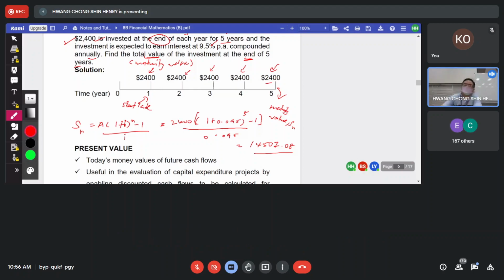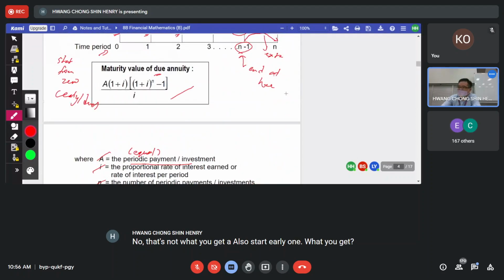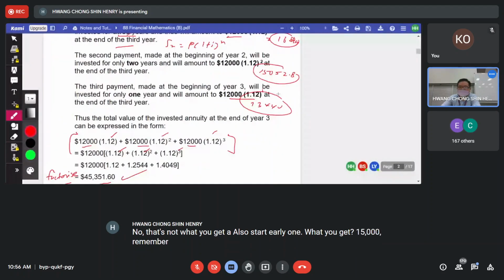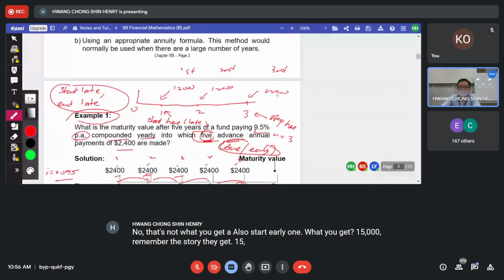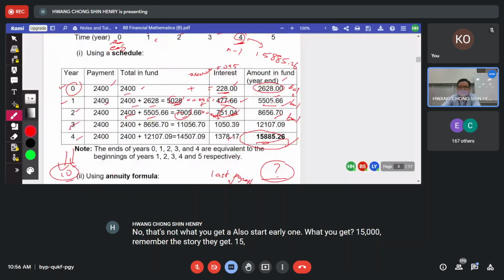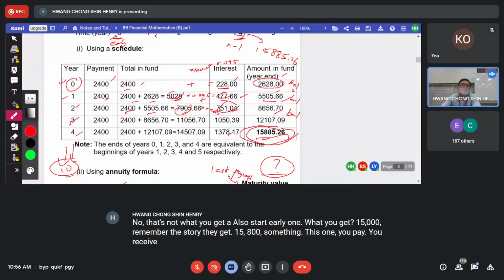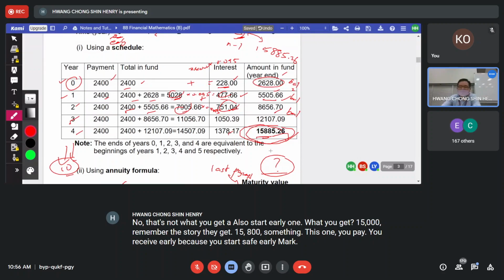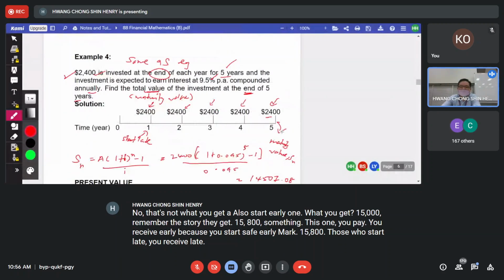Now, just how much do you get? Those who start early, what do you get? 15,000. Remember just now what you get? 15,800 something. This one you receive early because you start saving early. 15,800. Those who start late, you receive late. Your money is 14,500.